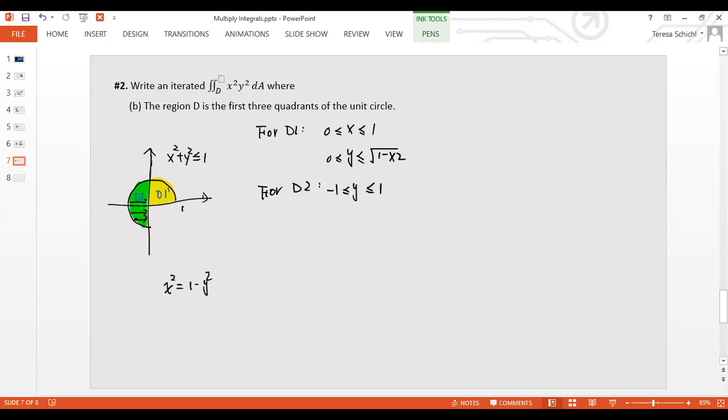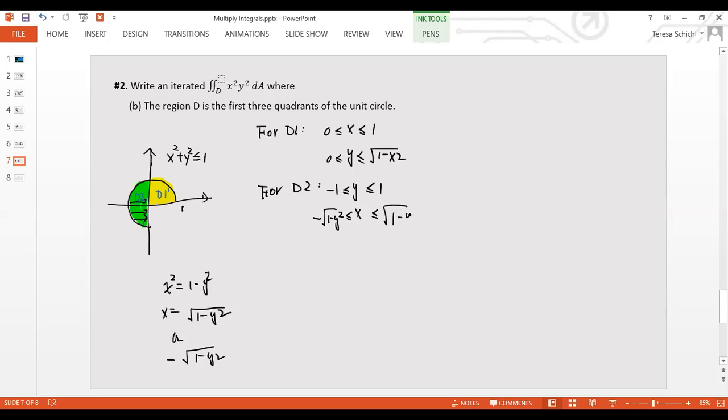So if I do the x first, my x is from negative square root of 1 minus y squared to positive square root of 1 minus y squared, right?